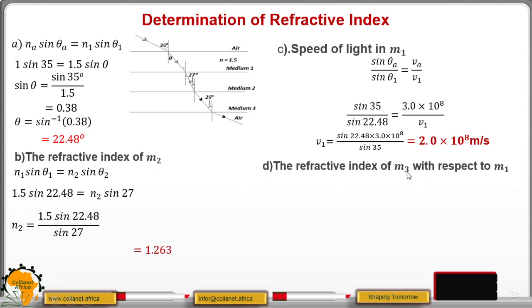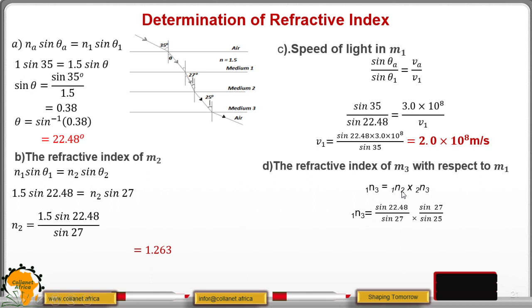Then from there, we proceed to part D, where we are supposed to get the refractive index of medium 3 with respect to medium 1. We proceed as follows. The refractive index of medium 3 with respect to medium 1 will be given by the product of the refractive index of medium 2 with respect to 1, multiplied by the refractive index of medium 3 with respect to medium 2.